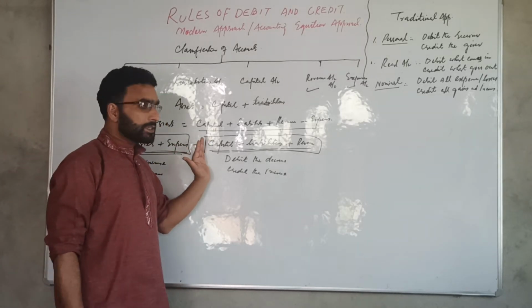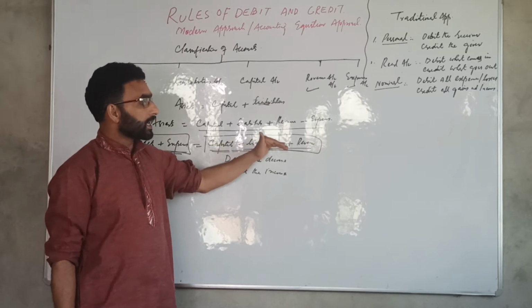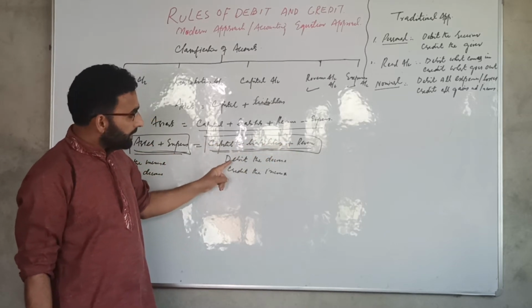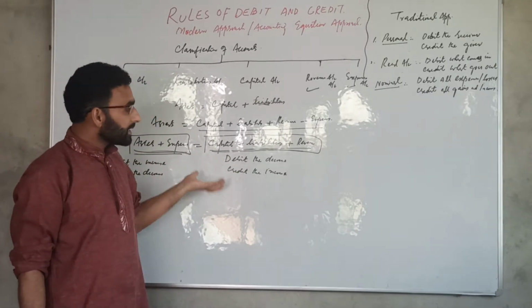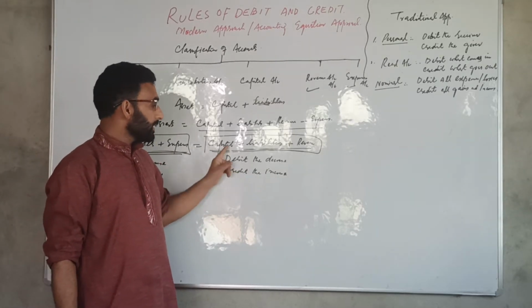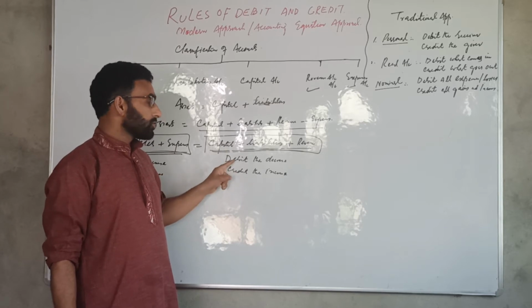Similarly for capital account, liabilities account, and revenue account, we have the rule: debit the decrease and credit the increase. If the capital account is increased, it is credited. If the capital account is decreased, it is debited.